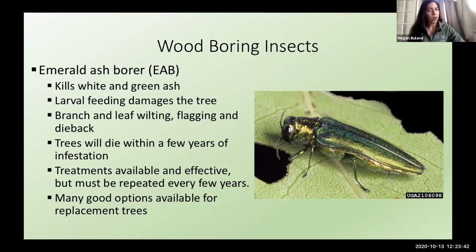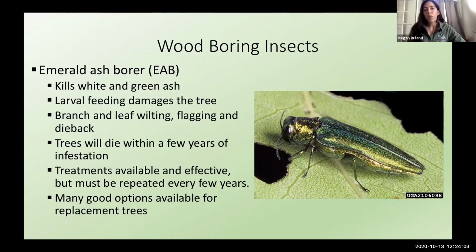Most of you have probably heard of emerald ash borer, or EAB. It's an invasive insect, non-native and introduced from Asia in the early 2000s, that kills white and green ash trees throughout the southeastern US. The larvae feed within the tree and they damage that tree's vascular system that we've talked about.